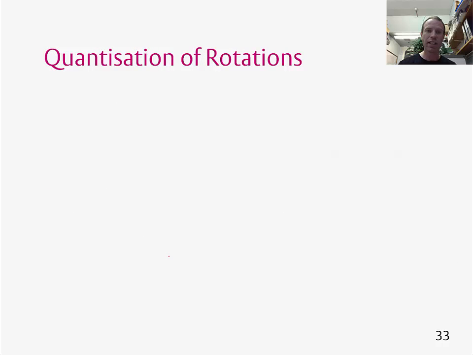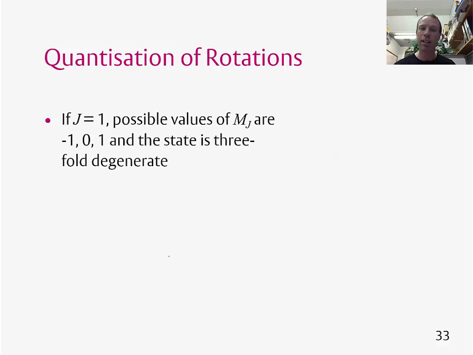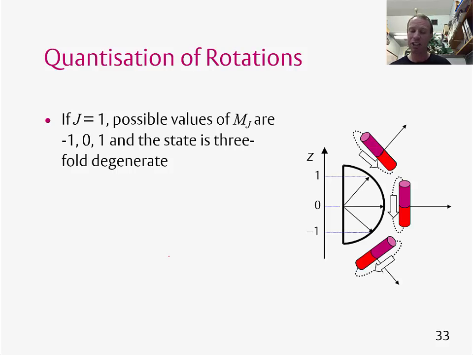This means that if we have J equals 1, possible values of m_J are -1, 0, and +1. So the state is therefore threefold degenerate. We can represent it in a picture like this. So we have, from a classical perspective, 3 orientations of the angular momentum of the system.